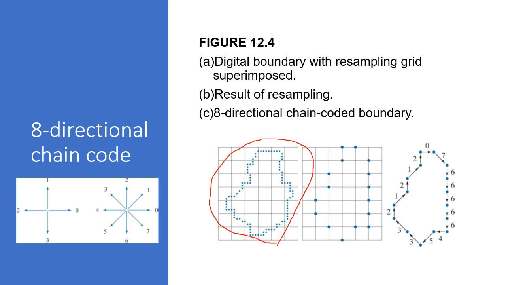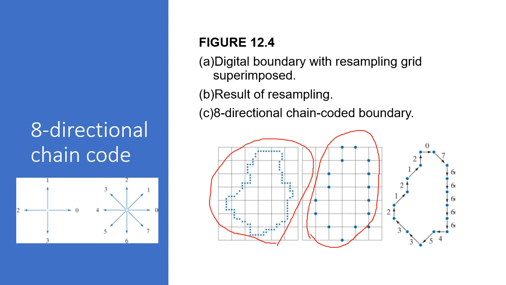So what we normally do is resample the boundary, or resample the object, so that the resulting boundary will be low in number, let's say 10, 100 also. Then we have the picture in the middle here as the result of the resampling or downsampling.